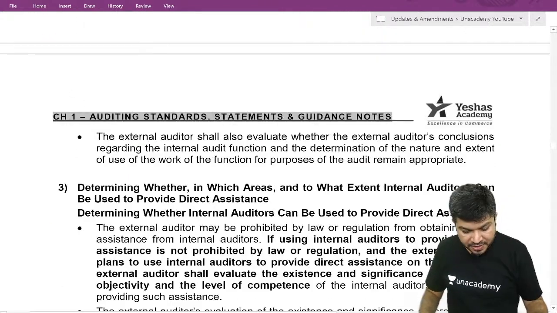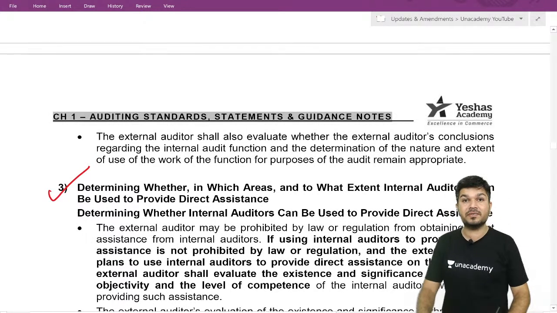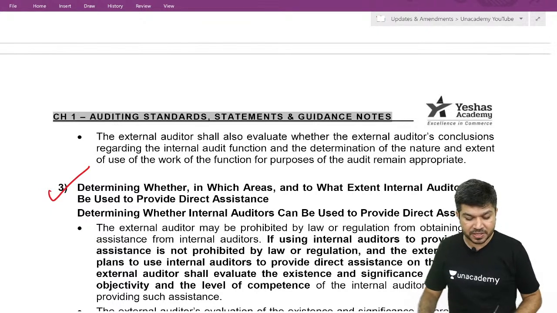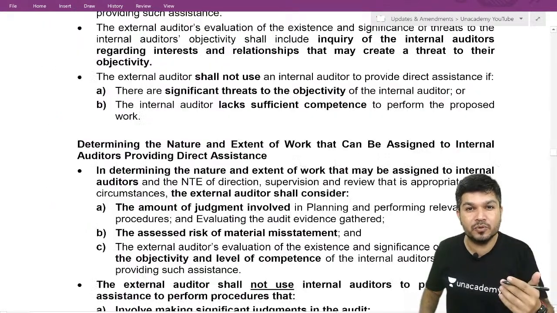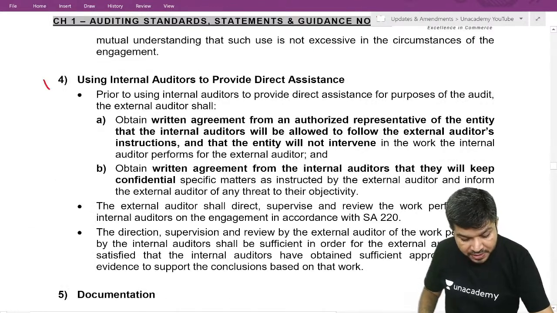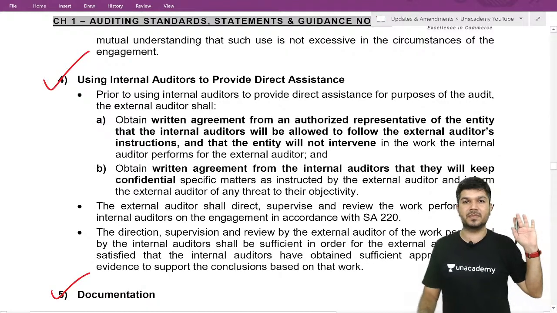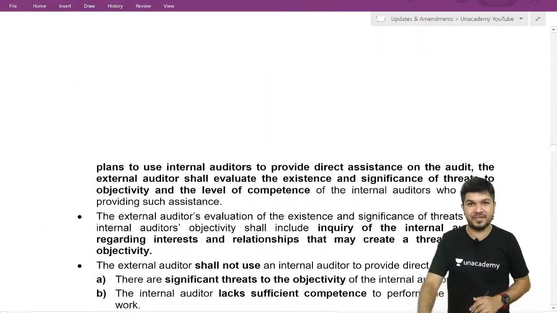Third, determining whether, which areas, what extent direct assistance from internal auditors can be taken. And now fourth, if using them to provide direct assistance, what to do? And lastly, do your documentation. So there are 4 requirements given over here.